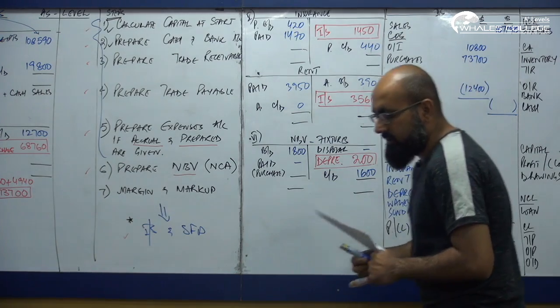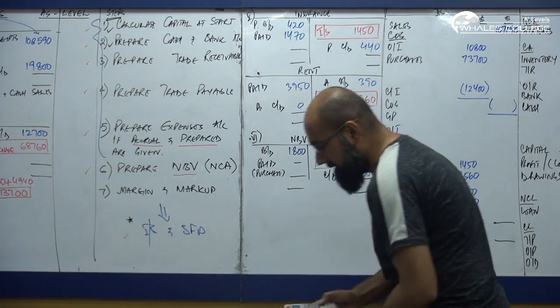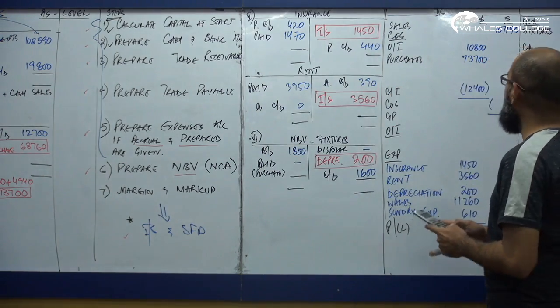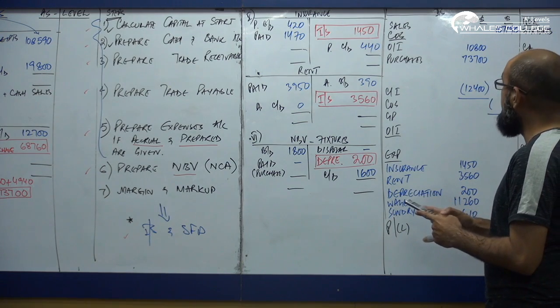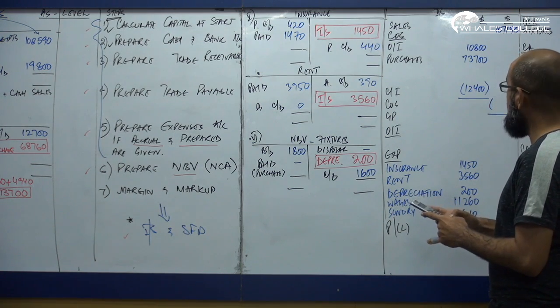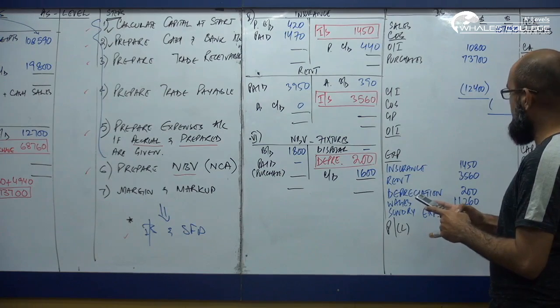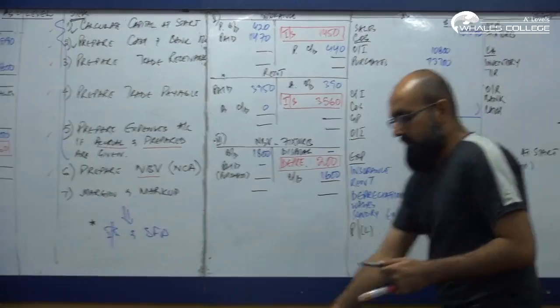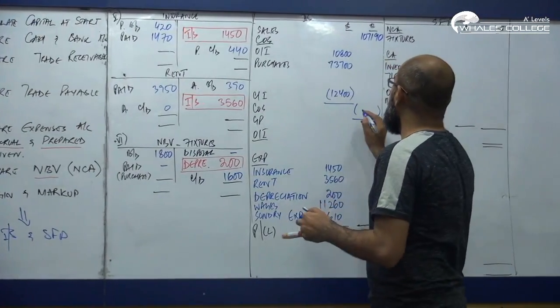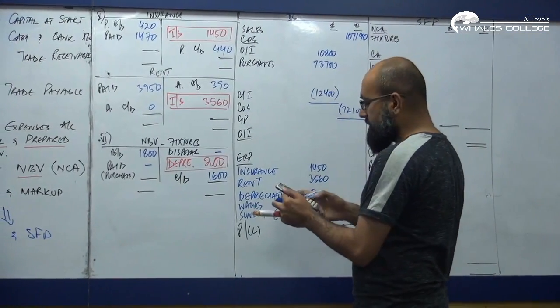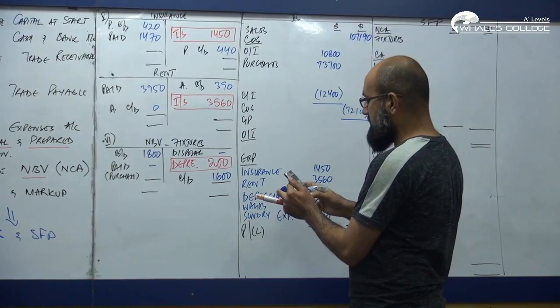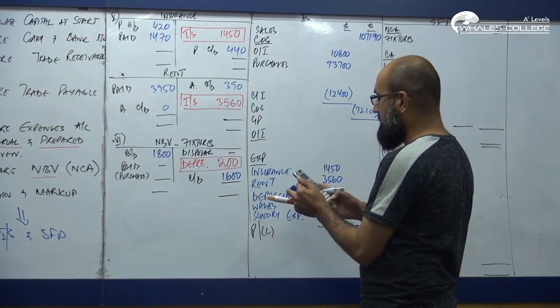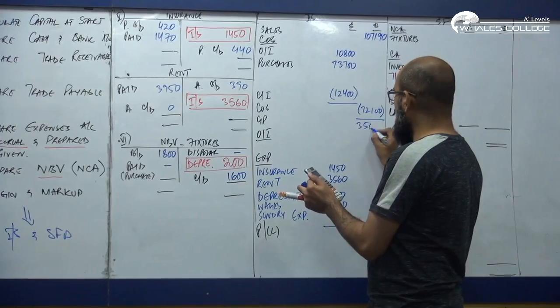Now use the calculator to get the profit. First we need cost of sale: 10,800 plus 73,700 minus 12,400. We got 72,100. Subtract 72,100 from the sales, 107,190, and we get 35,090.